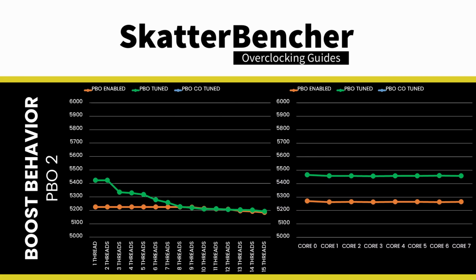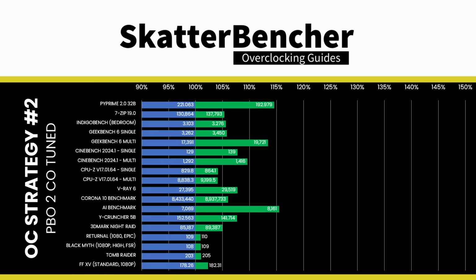The boost frequency at one active thread is about 5425 MHz, which is maintained even when all cores are active. All 8 cores can boost to over 5.45 GHz effective clock in single-threaded workloads. We reran the benchmarks and checked the performance increase compared to the default operation.